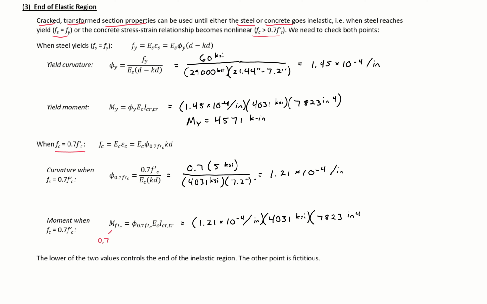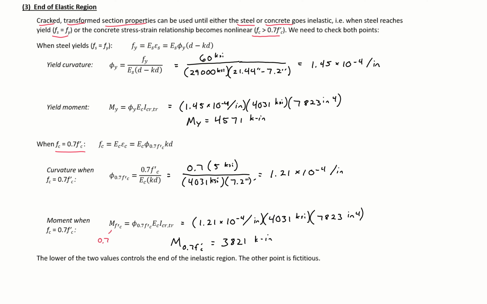And we'll find our moment here when we have 0.7 F prime C in our extreme compression fiber to be equal to 3,821 kip inches.